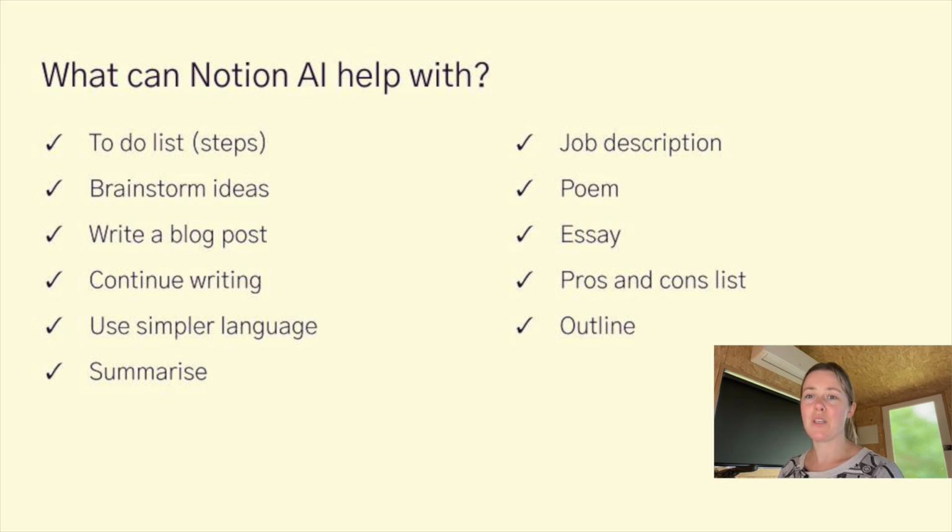They're very specific use cases, but writing a job description, a poem, an essay, a pros and cons list, and an outline for something. I'll try and do it snappily. Don't always succeed at that, but we'll see how we go.